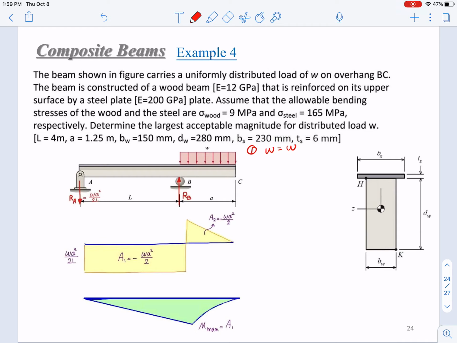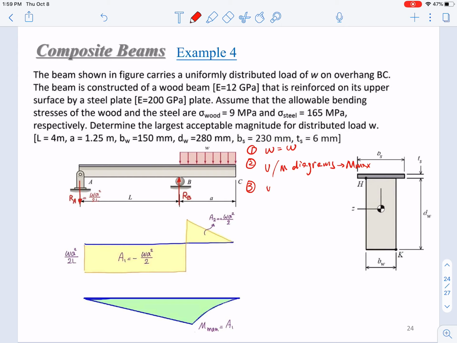So then we can draw the V and M diagrams. Based on that, we select the maximum bending moment.